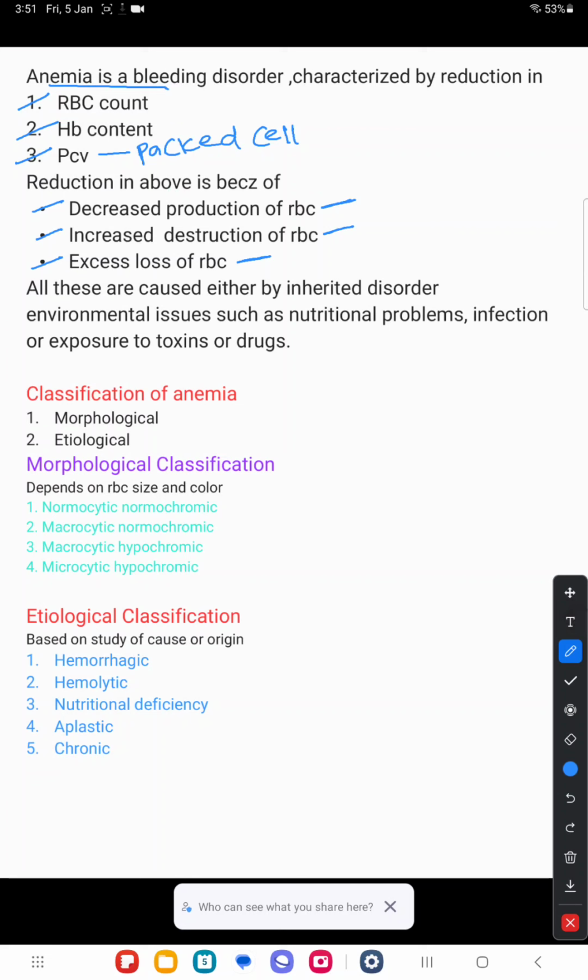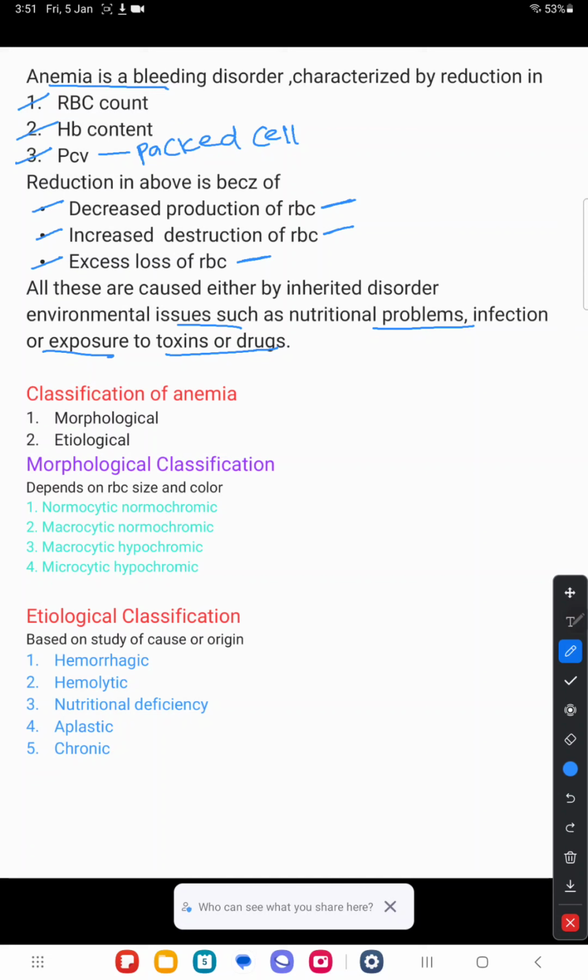Anemia can be either inherited or due to external environmental issues. Inherited disorder is because of genetic variation or mutations in the genes, and environmental issues include nutritional problems, infection, or exposure to toxins or drugs.